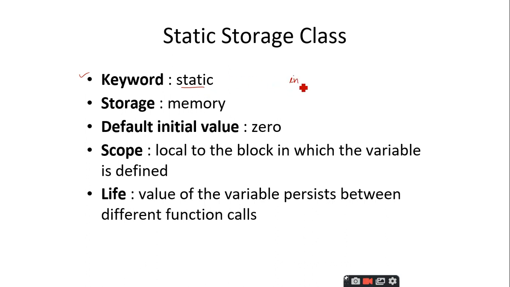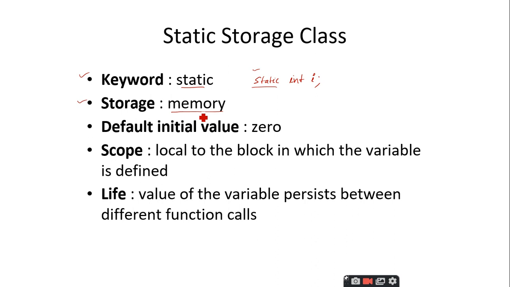So when I want to make an integer variable static, you have to use the keyword static, and it should be preceded before the declaration of the integer variable or whatever variable it may be, irrespective of the data type. Whenever you want to convert a variable into static, you have to precede it with the static keyword. That's it. And the storage of static variables will be in the primary memory only.